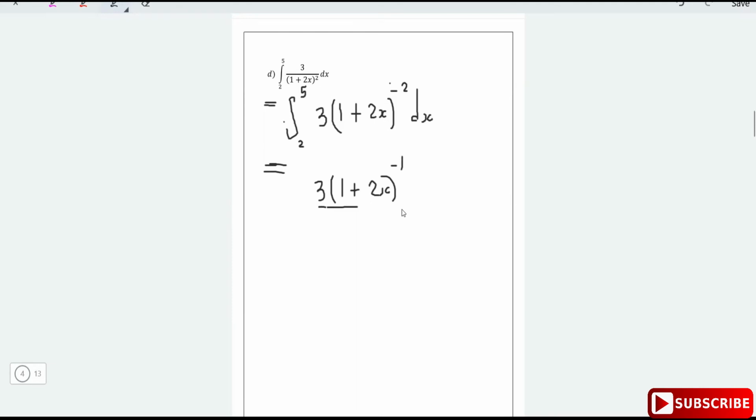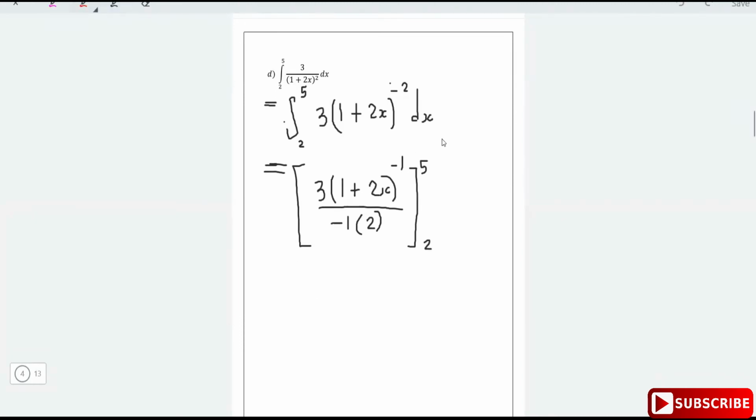Then we divide it by negative 1. But then we multiply it by the derivative in the bracket. The derivative in the bracket is 2. And we're integrating, of course, from 2 to 5. Nice. So that's what we do.